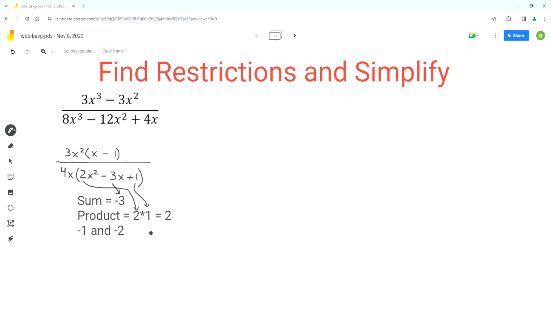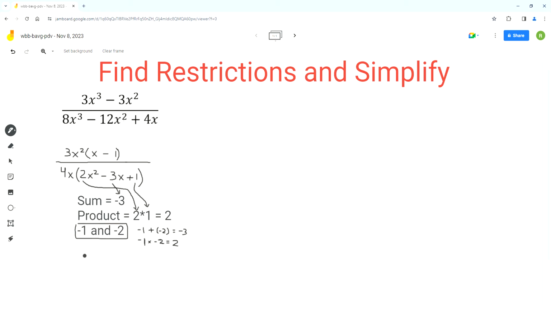So -1 plus -2 is equal to -3, and -1 times -2 is equal to +2. So that means these two numbers here work for us.